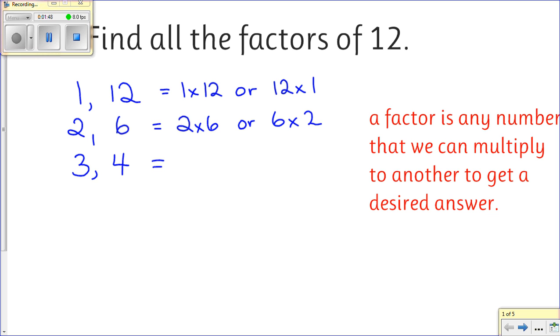And lastly, 3 times 4 or 4 times 3. So if we want to write out this list, we can write it out as the factors of 12 being 1, 2, 3, 4, 6, and 12.